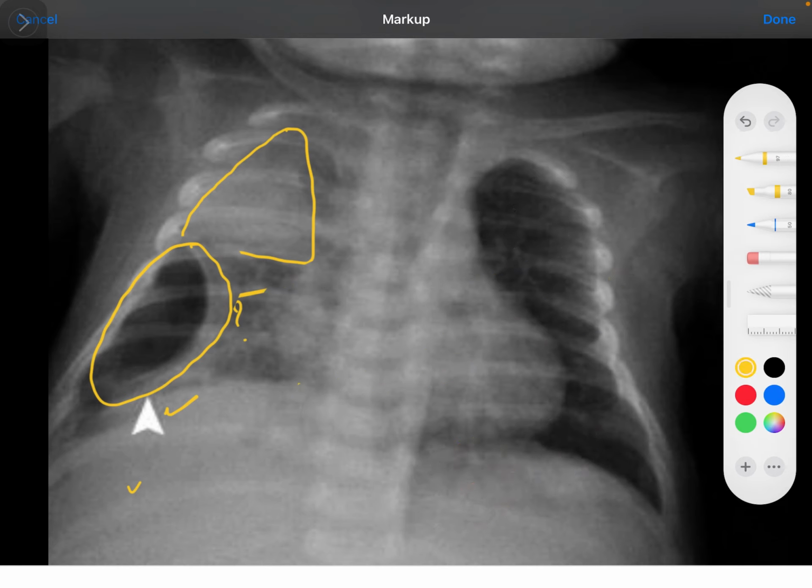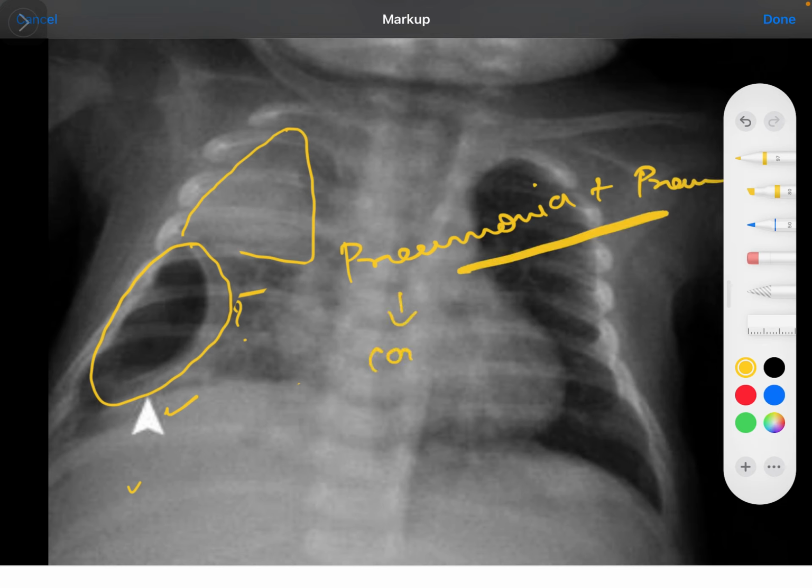This pneumatocele is an air-filled cavity. Okay, so when the patient is having pneumonia plus this pneumatocele, there will be cough in the patient. Pneumonia means there will be cough. So because of this cough, there will be increased pressure inside the lungs, and the wall of this pneumatocele will be ruptured.